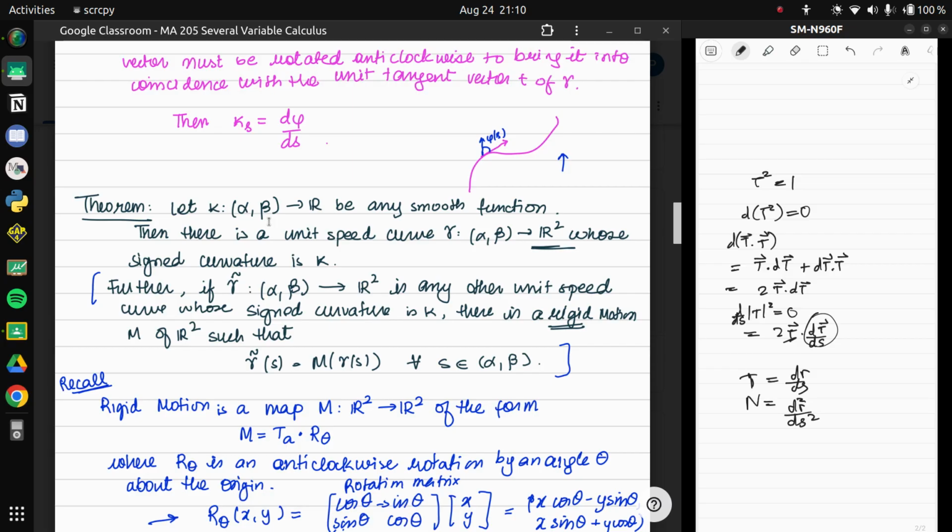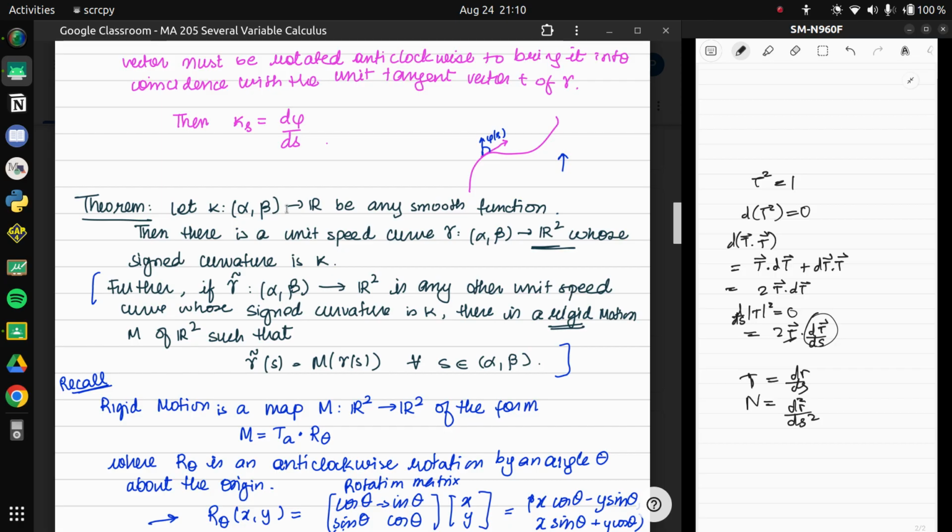Whatever curve you have, you can boil it down to a unit reparameterization. If your unit reparameterization has the signed curvature function kappa, then its shape is unique, as in you can rotate and translate it, but its shape will not change apart from that.